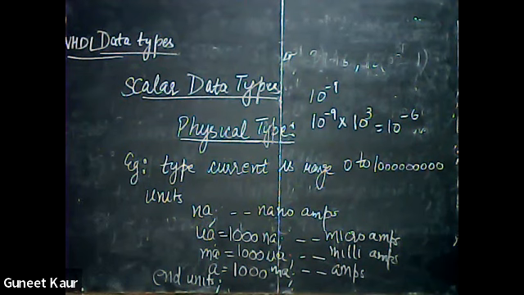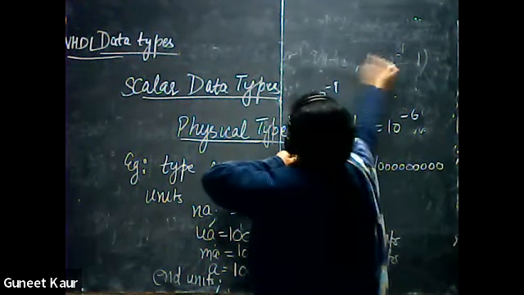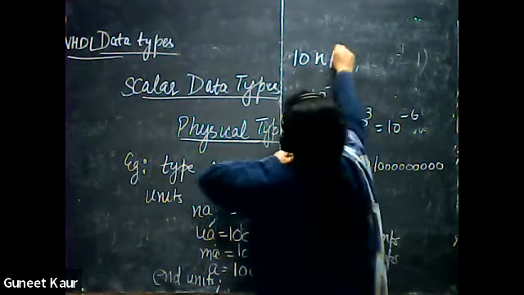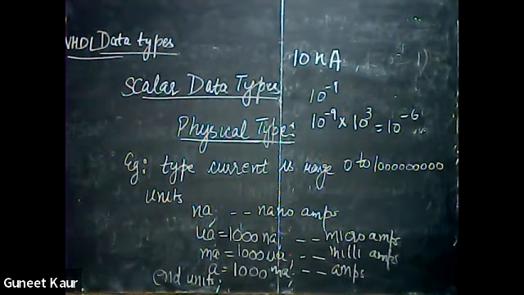The literals used in the physical type are known as physical literals, and physical literals are written as an integer or floating point literal followed by the unit name. For example, 10 nanoampere is a physical literal.